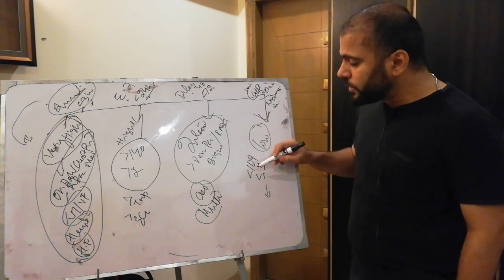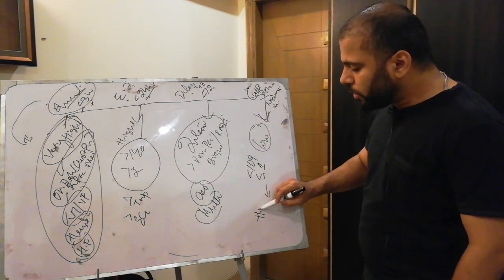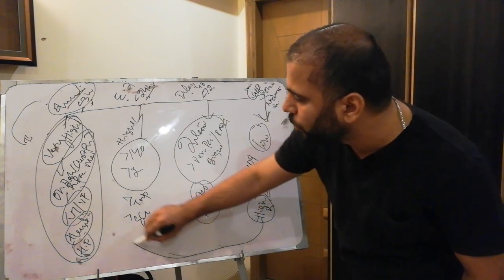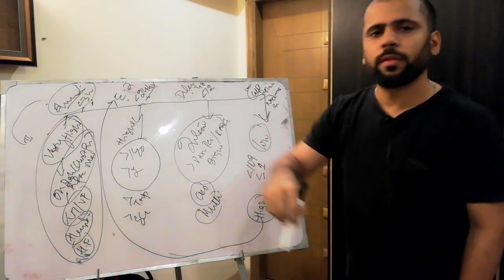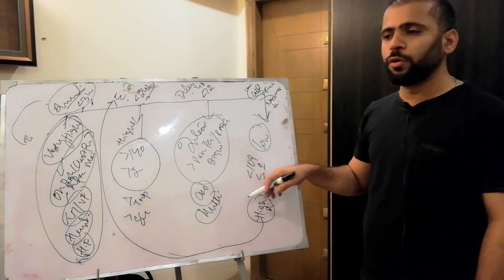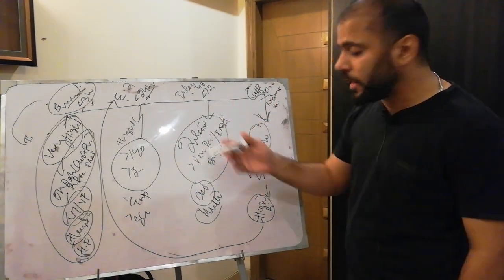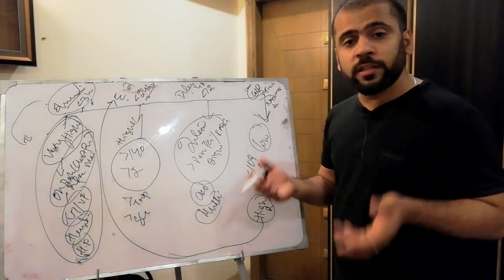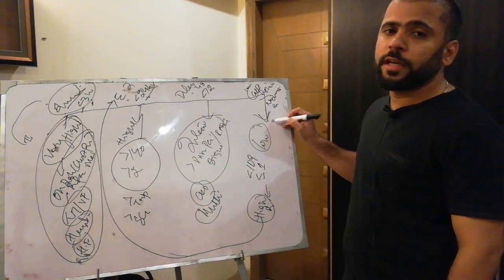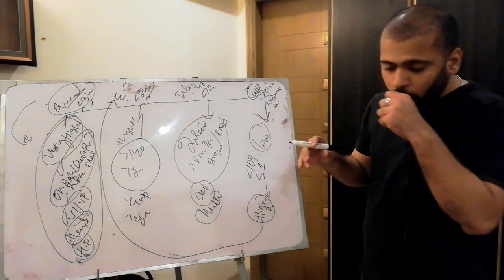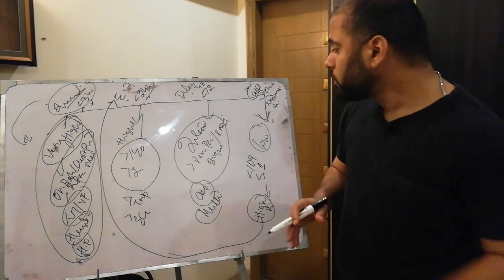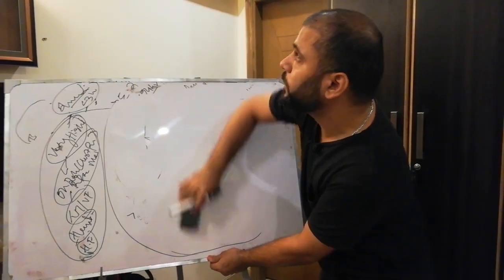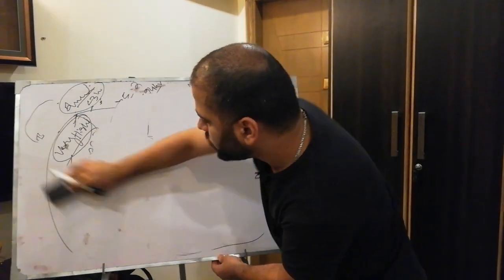If on non-invasive investigation they have high risk features, then again they will go for early invasive. They should go to the cath lab if they show high risk features on non-invasive investigations. So this is how we approach our patients in non-ST elevation MI.